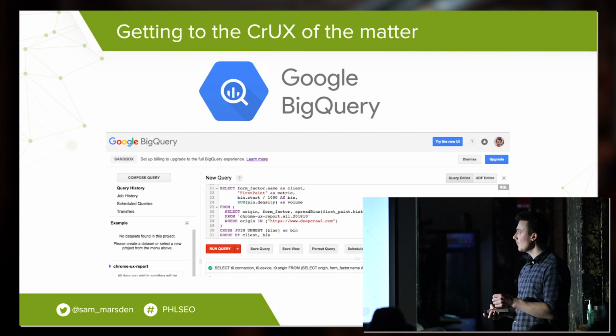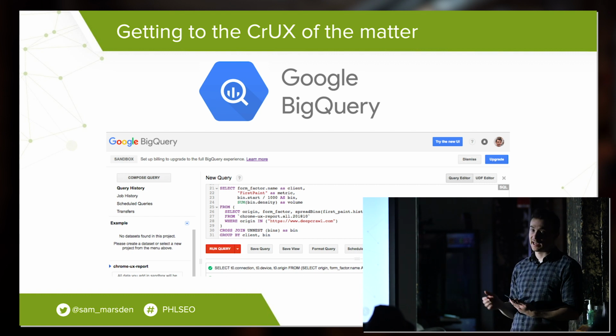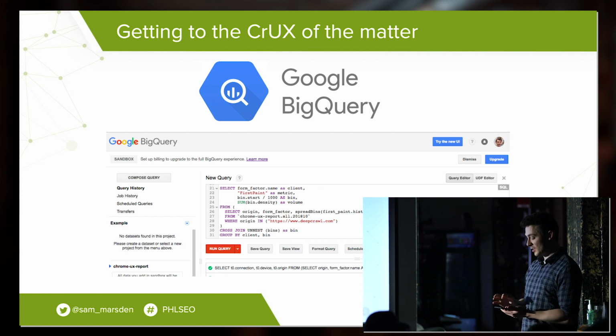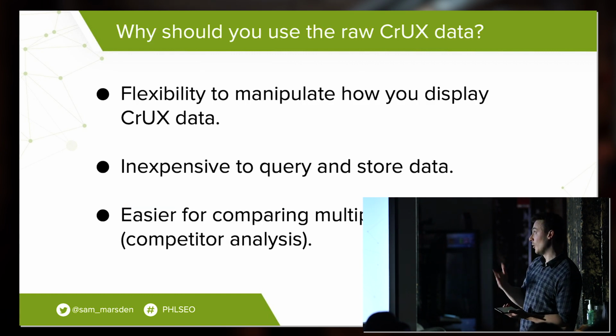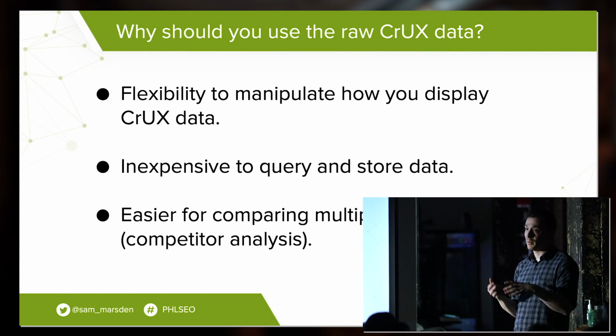So to do that, you need to be able to access the raw data itself, and you can do that via Google BigQuery. The reason why you'd want to do this is it gives you the flexibility to manipulate how you display this data.